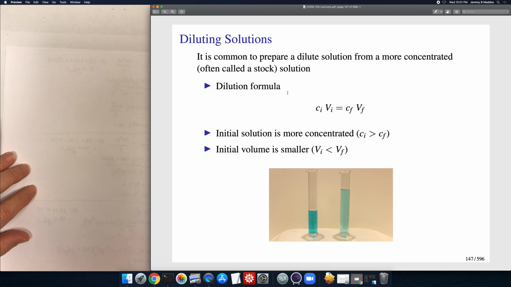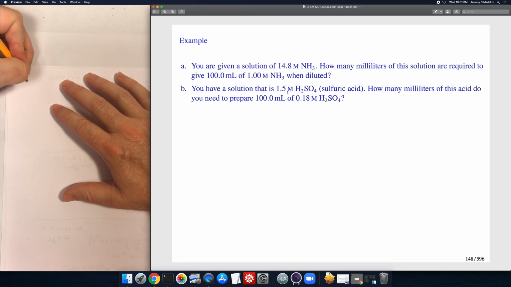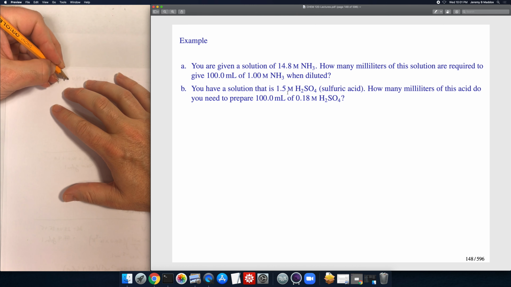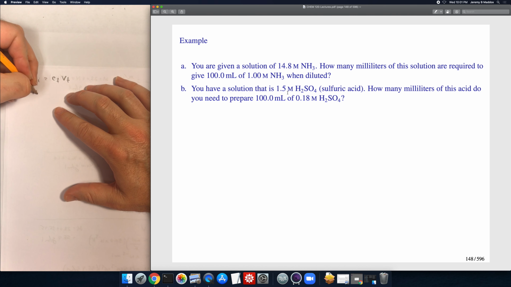So I'm going to start by writing out the dilution formula. And it can be helpful to write out what quantities you have and what quantity you are searching for. So in this case, we know that the initial concentration is 14.8 moles per liter. The initial volume is what we are trying to find.